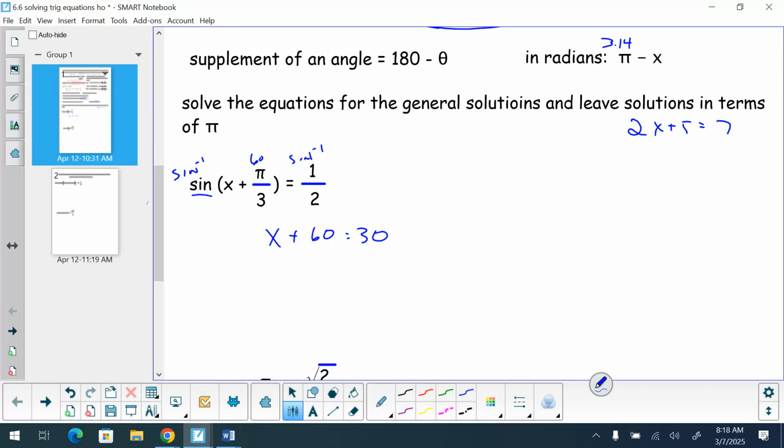But since we took the inverse sine, we get two solutions. With inverse sine, we get our principal value, which is your calculator value you just did, and also its supplement. And what is the supplement to 30 degrees, Judah? 150. So this x plus 60 could equal 150.